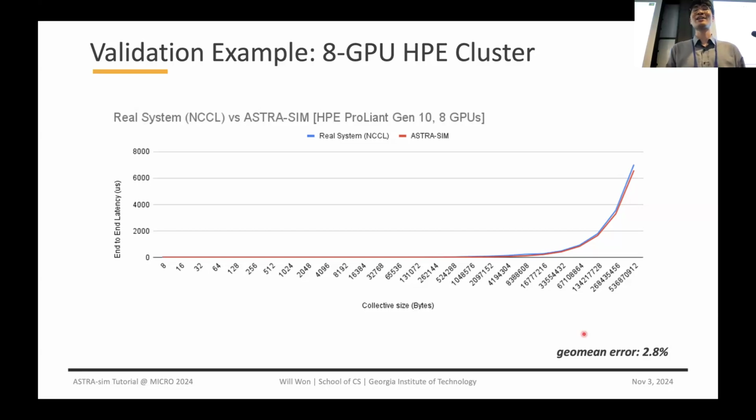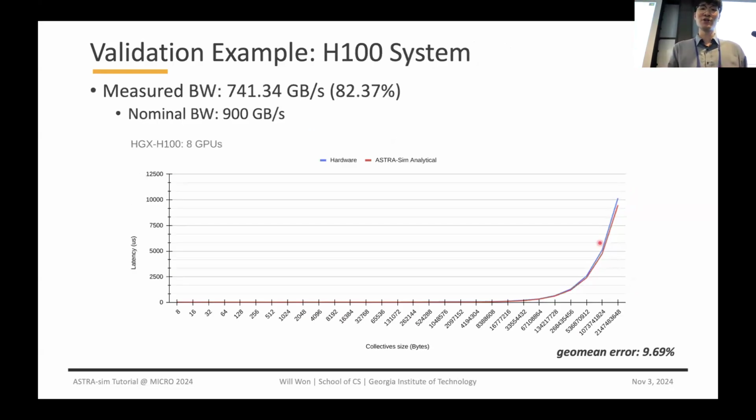So we're actively underway of creating these kind of validation results ranging from 8-byte collective size up to 5 GB. And we're trying to actively publish any validation result to the wiki page. So again, we also have validation results for H100 system. We measured the bandwidth efficiencies.